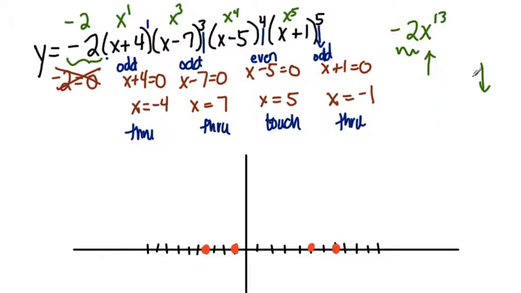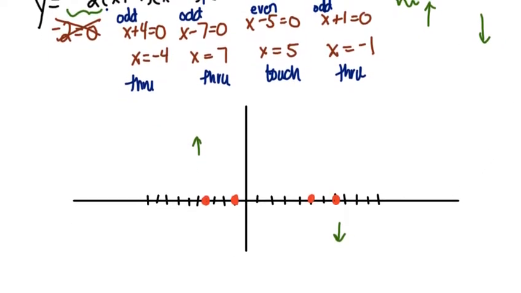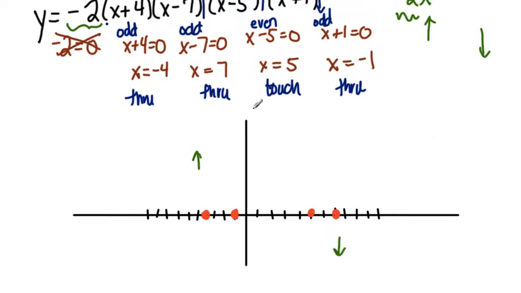So what I would do is transfer these arrows to the graph. So this arrow is going to be this way, and this down one is going to be this way. Now I sketch it. So this is my -4, so I would look up here at -4 and determine I want to go through -4. Well, what happens at -1? Here I determined I already go through it.